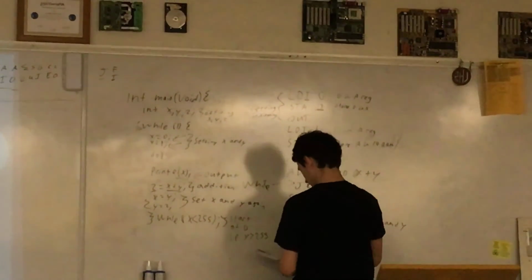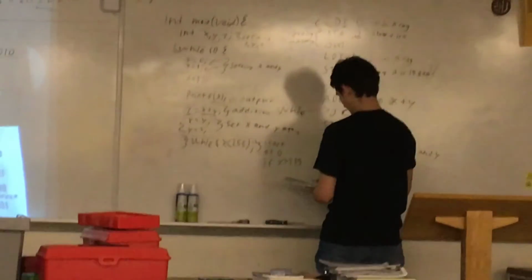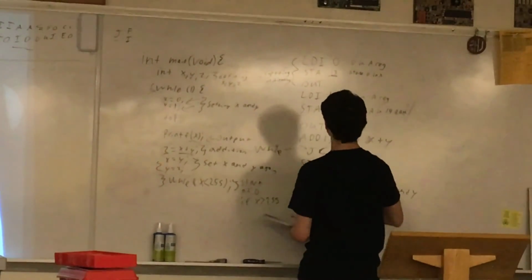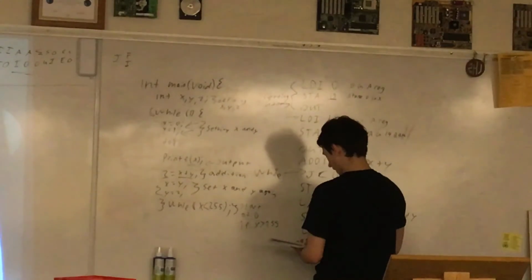After that, we're just going to do load A 15, and then we're going to do a jump to 4. So we're going to jump over here. This would be where the jump occurs.